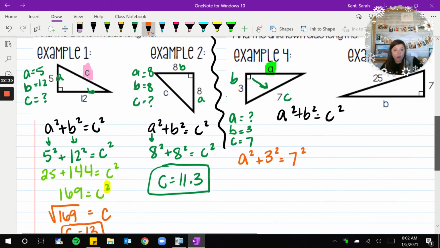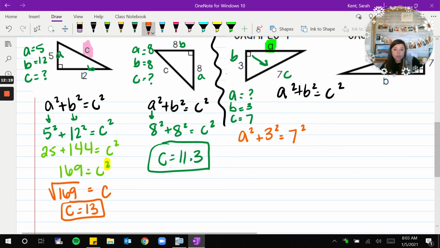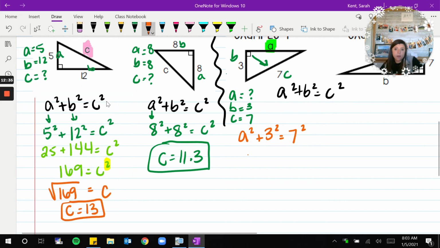First, we'll work out all the steps, and then we'll look at the numeric solver. To start, I need to square 3 and square 7. 3 squared is 9, and 7 squared is 49. So I would have A squared plus 9 equals 49.